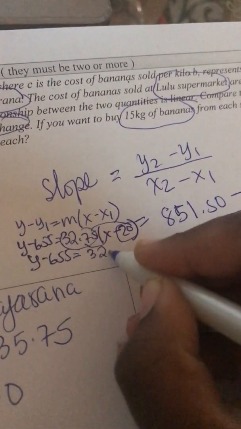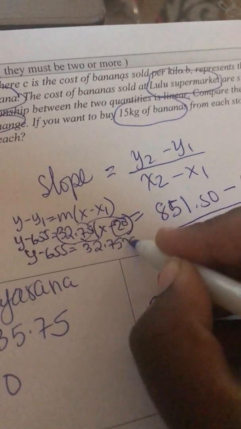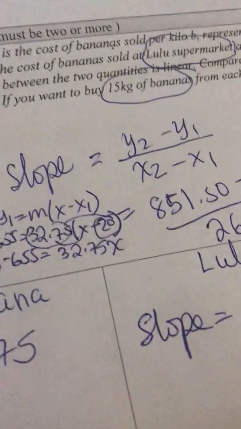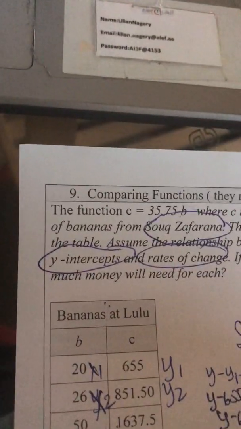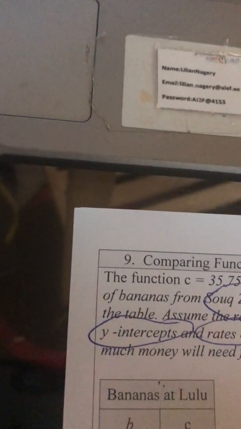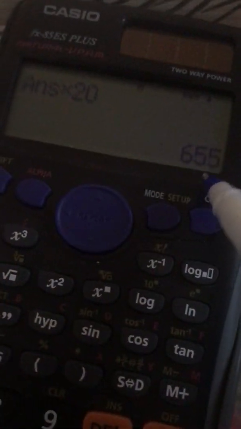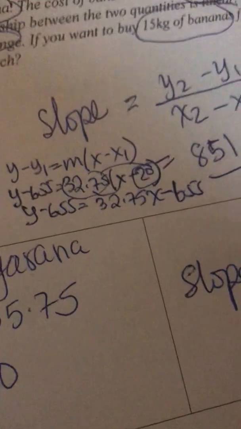So 32.75x, okay, so 32.75 times 20 is 655. So minus 655. See, I did it over there. Okay, then I do my bridge.